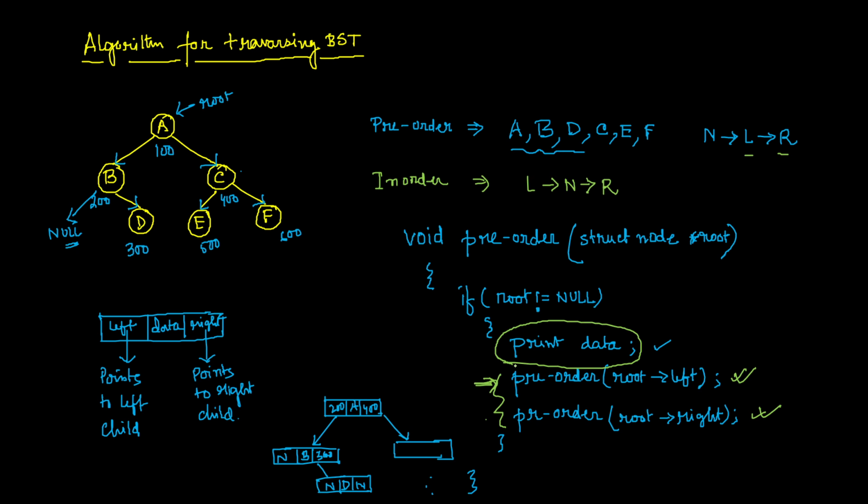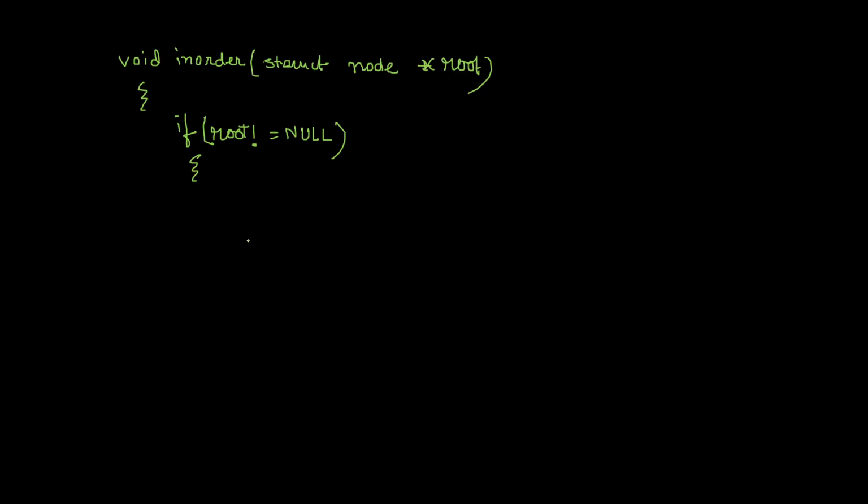Because you don't want to print data where you are standing right now. You want to print the left one first, then you will come back and print where you are standing, and then you will go to the right. So naturally, the in-order call for left will be done first. So I can assume that it will print the left subtree first, and then the control will come back to me, and then I will print my data.